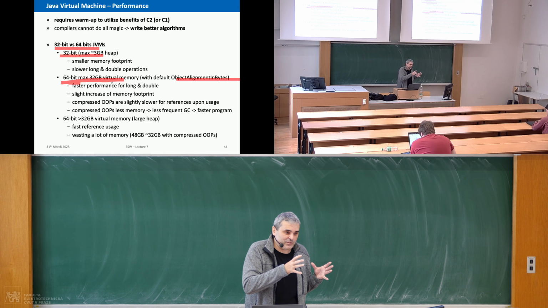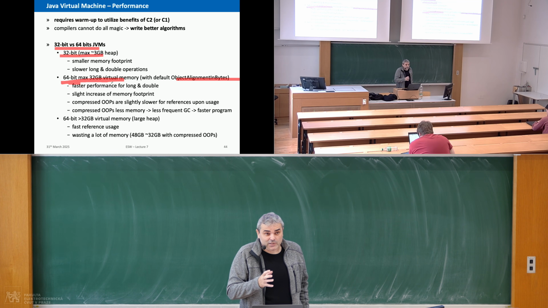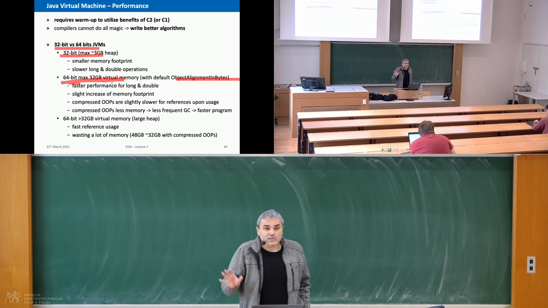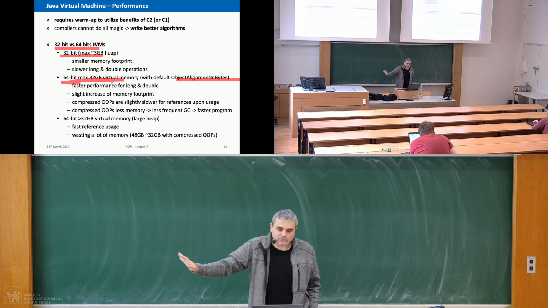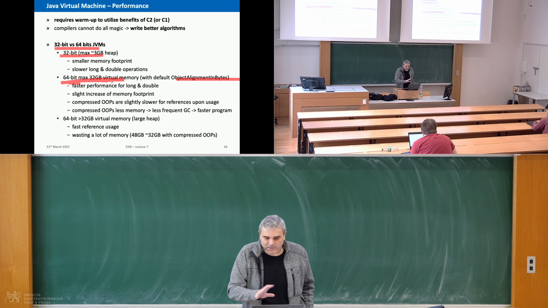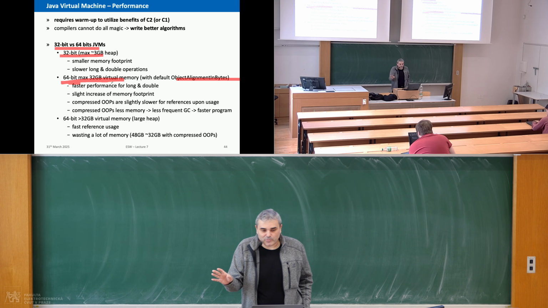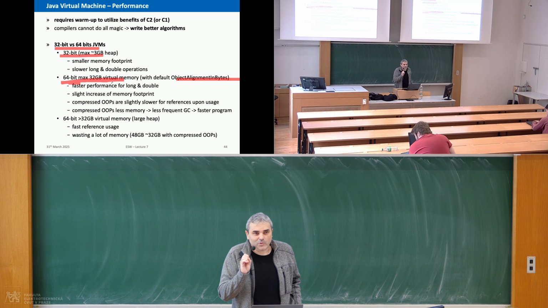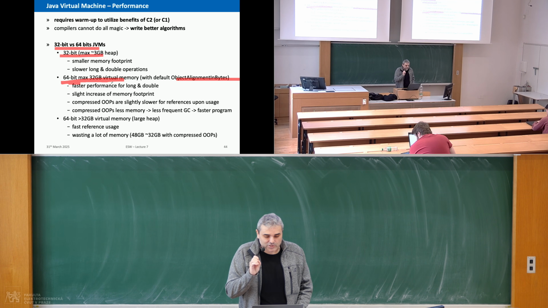If you save just the space for the pointer representation, that OOP, you are saving a lot of space in memory. Today there are huge memories, many terabytes we are using, so that's not the problem, but the problem is still the L1 data cache, which is limited. So if you fit more data, the execution is faster.